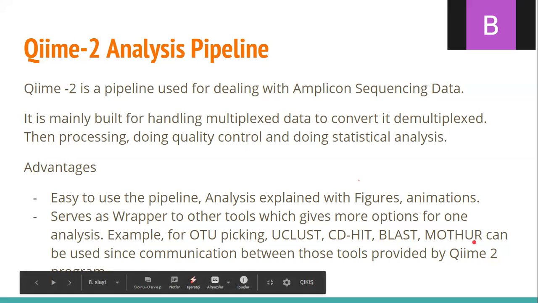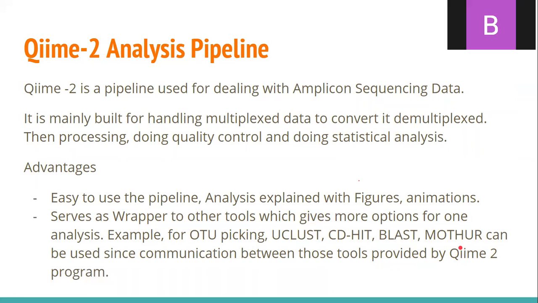All these can be used in this program. Since these all have different languages, we cannot use them together with the same program, but Qiime-2 does that. Qiime-2 communicates with each of these plugins so that we can use them.